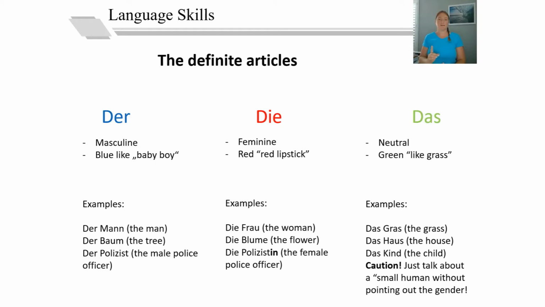And here, important, of course, kids have a gender, it's a boy or a girl, but when you just talk about the child, for example, you go to a playground and there is a little one sitting next to a slide and you cannot figure out if it is male or female because it's sitting to your side with a bag and it's just the child, das Kind, this is why it comes from. Of course, then we have girl and boy, but when it's just about a little human, then we say das Kind.